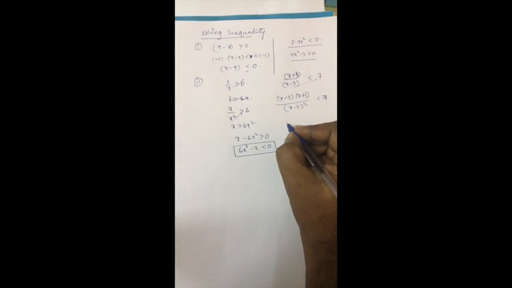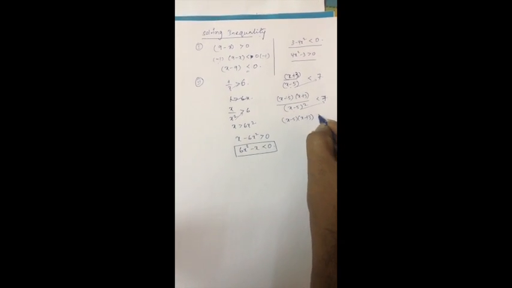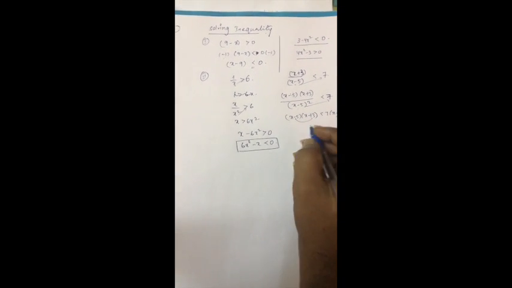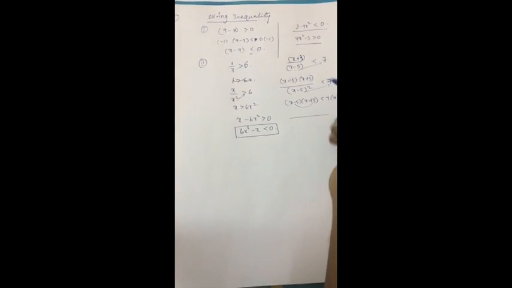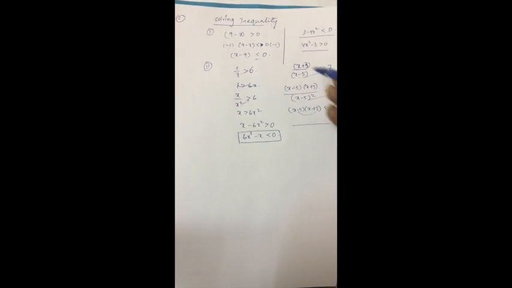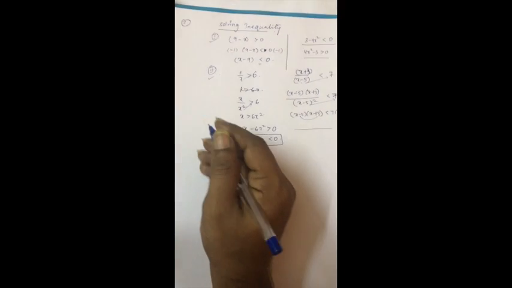Now you can cross multiply. Now x minus 5 into x plus 3 less than 7 into x minus 5 whole square. Now you can expand this, take all the terms to one side, and solve the equation. But generally this is how you need to check for the two rules in solving the inequalities.